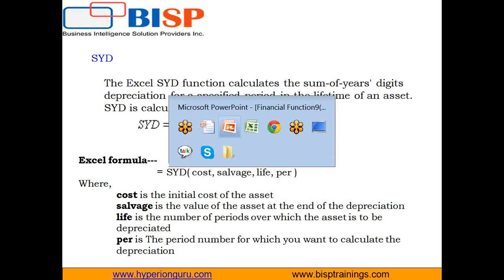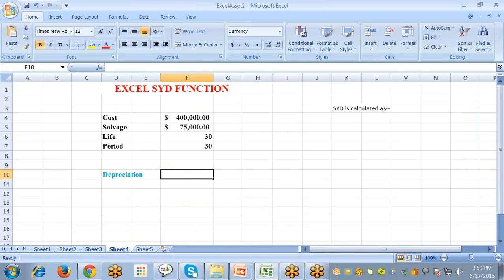So I have an example of this SYD function. This is the initial cost, suppose, for an asset, and this is the salvage value. The life is 30 and the period can be 1 to 30. So the depreciation for this can be calculated.